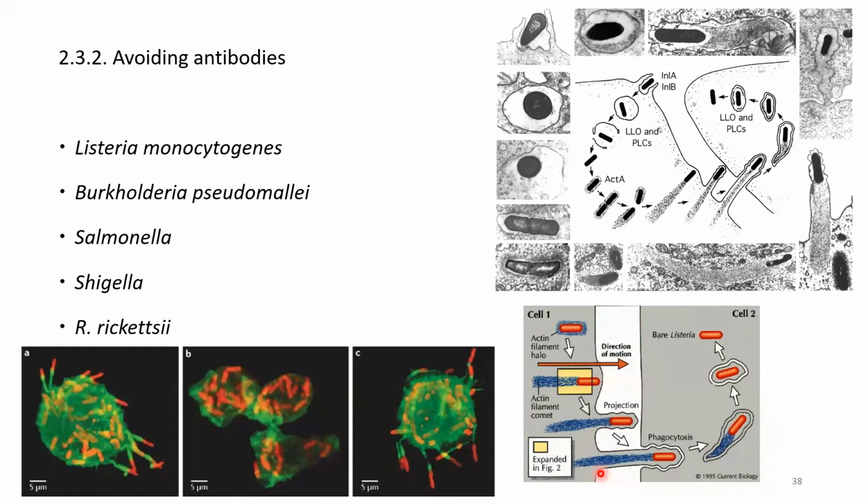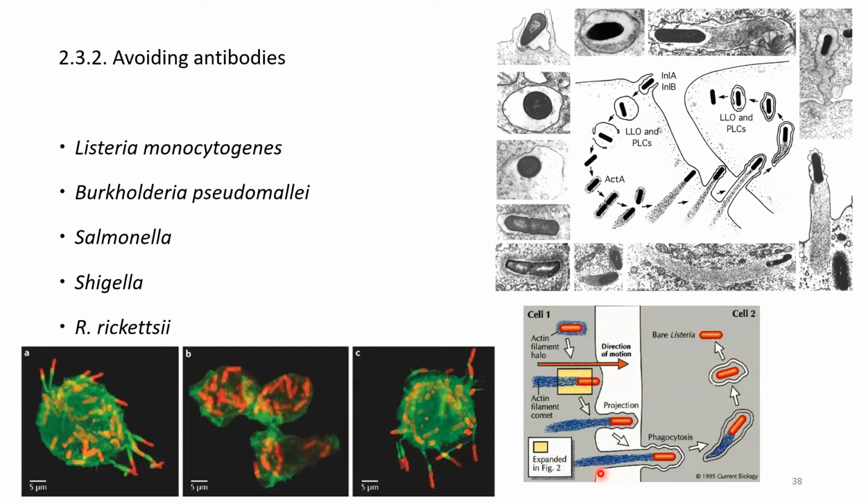Okay. Next, the strategy of bacteria to avoid antibodies. Intracellular bacteria are really clever. They try to get into our cells and stay inside our cells. But once they are inside, they do not just stay like that.